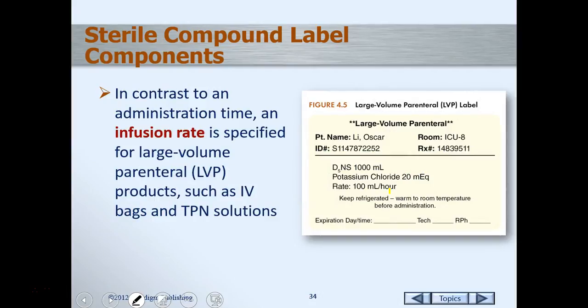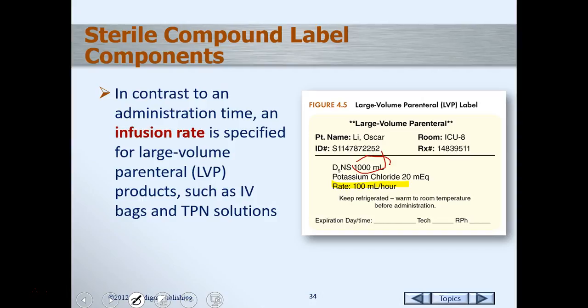In contrast to administration time, an infusion rate is used on a large volume parenteral. So the other one just told us to infuse it over 1 hour, but because we're administering 1,000 milliliters, or a liter bag, we need to know how many milliliters per hour this will be.